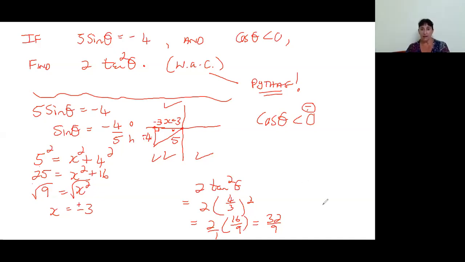All right, I'd like you to try one more, and then we're going to do more of a grade 12 one. Right, if minus 2 cos alpha, minus 1, no, actually I want to change this one.